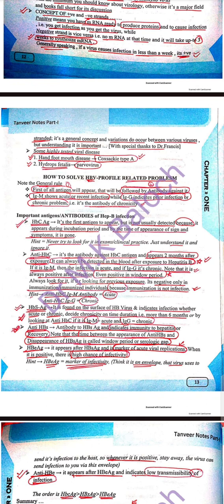HBC antigen. So first is HBC antigen. It is the first antigen to appear, but it is not usually detected because it appears during incubation period, and by the time of appearance of signs and symptoms it is gone.